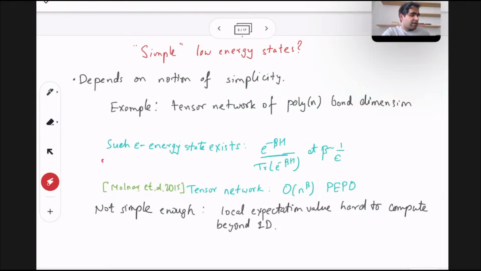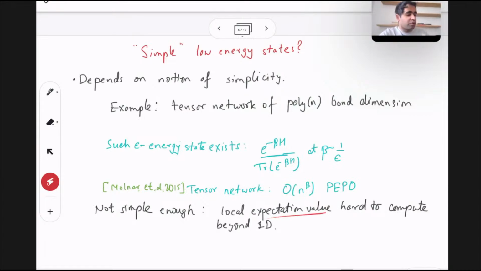Then it turns out there is always a low energy state. That's the Gibbs state for any arbitrary choice of epsilon, your energy parameter, which exists in the low energy spectrum of the Hamiltonian. So if your notion of simplicity is tensor networks of low bond dimension, every Hamiltonian has a simple quantum state in the low energy region. So that's not simple enough for us.